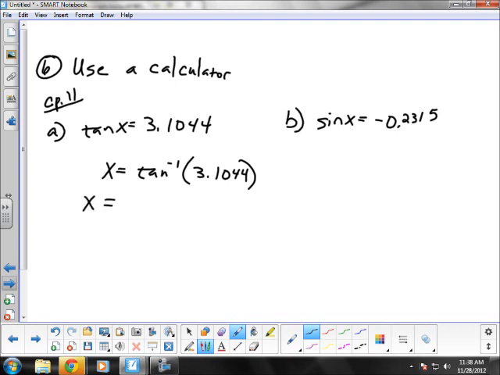What'd you get? Usually we go to 4 places past the decimal when we're using the trig value, and we go four decimal places. Okay.